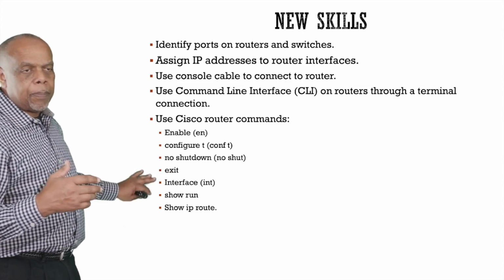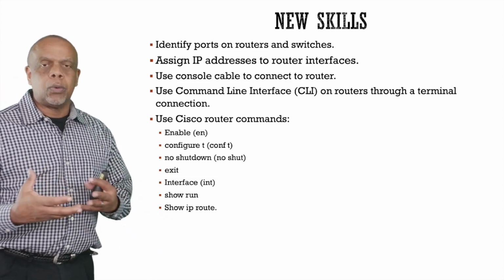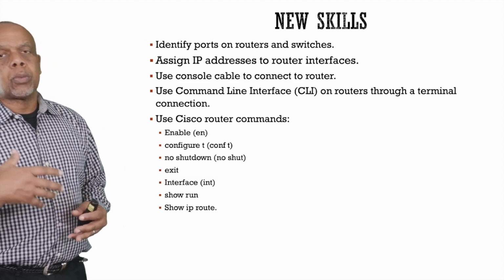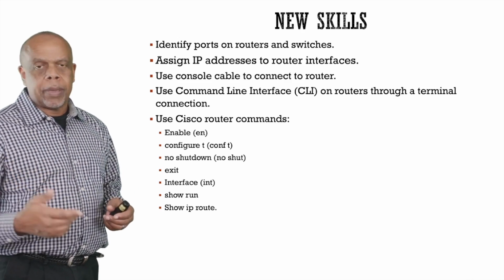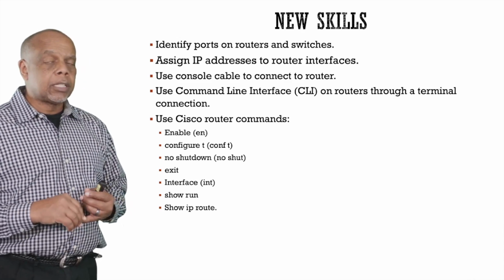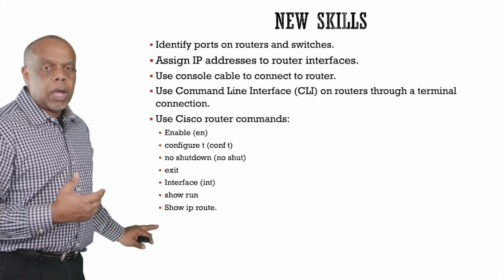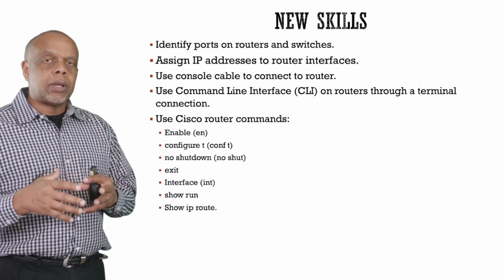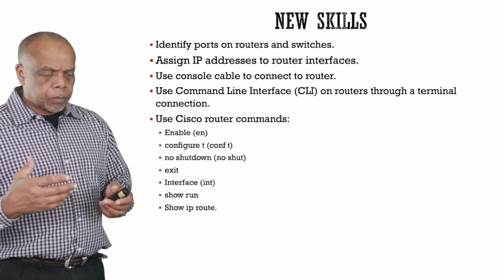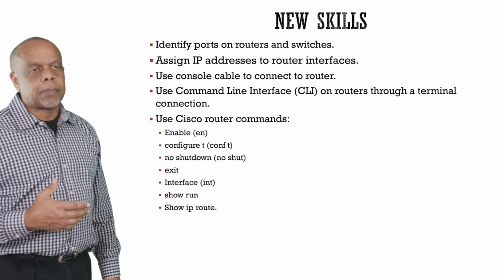These are just a few of the basic commands that you're going to use quite a bit, such as if you want to see what your configurations look like, that's the show command. Now, there are many different iterations of the show command. You can do a show run. What that's going to show you is the running configuration of the router. You can show IP route. What that's going to show you is all the IP routes that are configured on that device. So many things that you can see from that perspective.